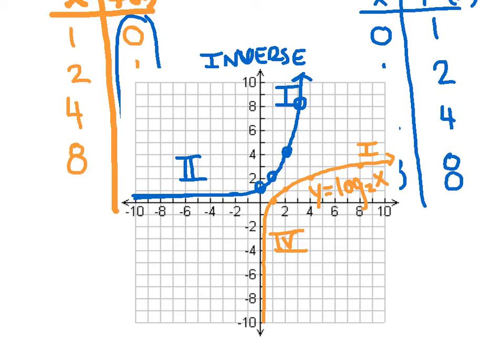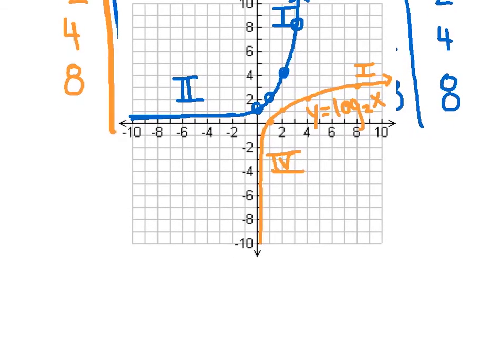Now there actually is a really special relationship here between these two graphs. I'm going to see if I can do it justice. There's a very special diagonal line that runs right through the middle of your graph paper, right through here. The equation of that line is y equals x. If I had the ability to fold my paper right on that dotted line, then the orange graph would superimpose itself right on top of the blue graph and vice versa.